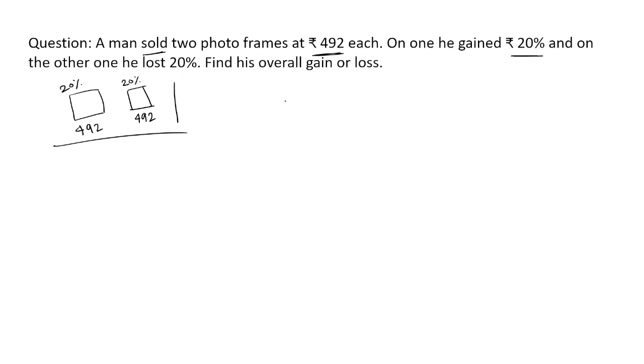Now the best way to do it: assume that the cost price is 100x, do not assume x only, because for percentage questions assuming 100x is much easier for the calculation. So assume the CP of the first photo frame equals rupees 100x.